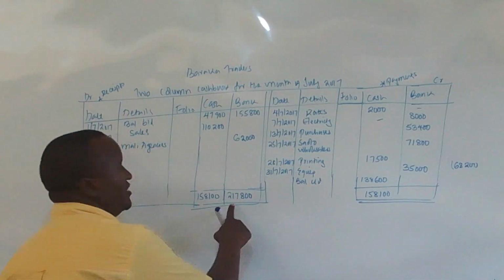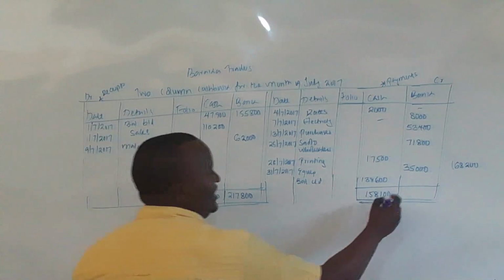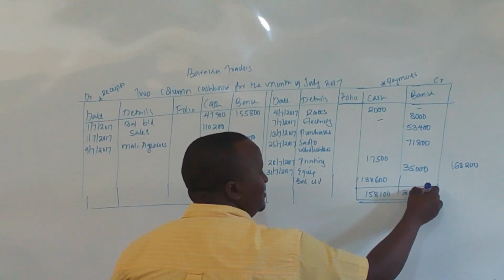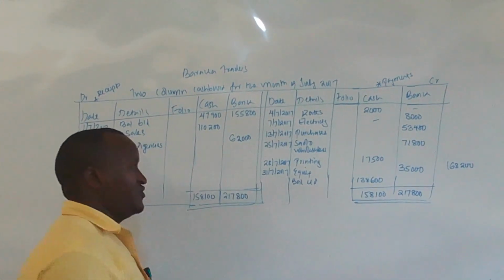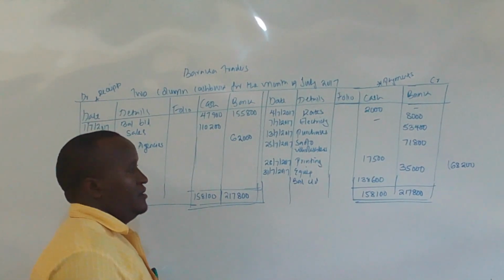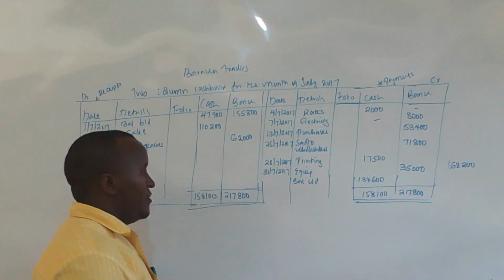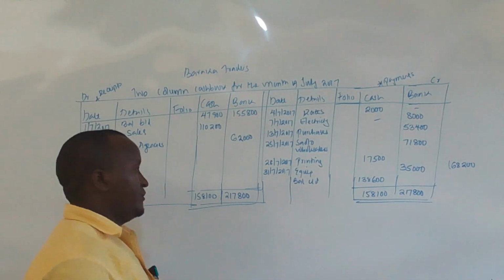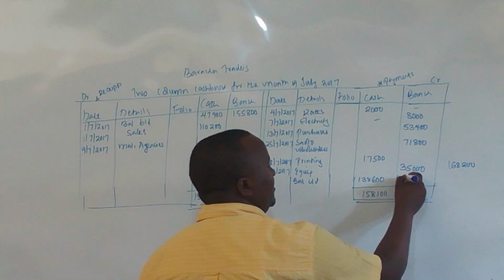But we received 217,800. When you minus 168,100 from 217,800, it remains with a balance of 49,600.